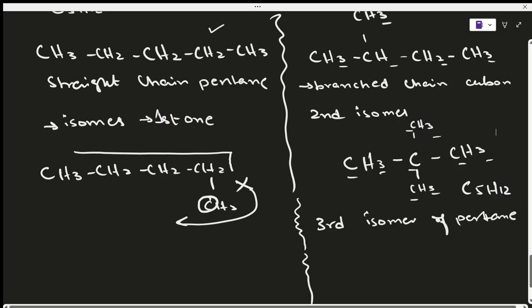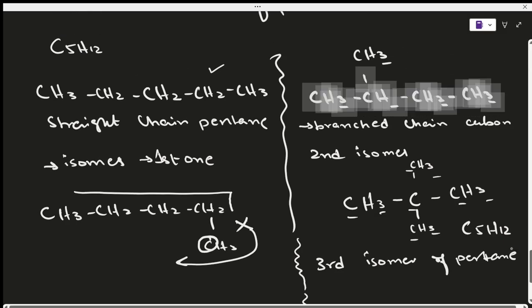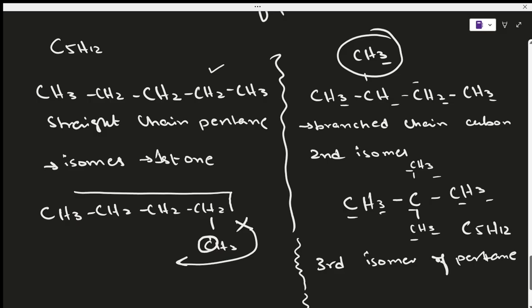But you can also ask, what if I place this CH3 on this carbon instead of the second one? What then? This is the place where we apply the concept of naming.